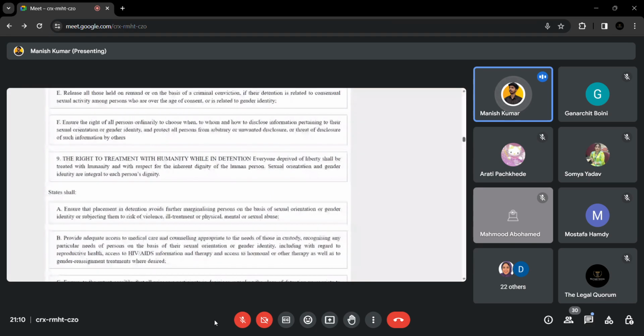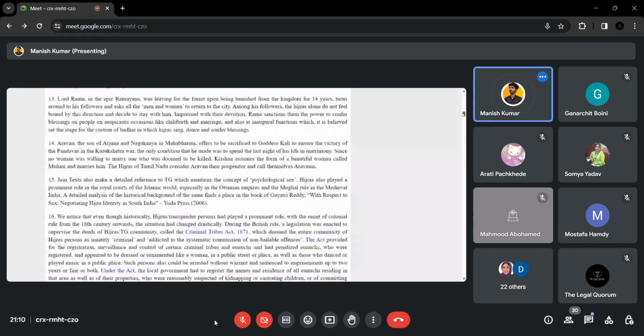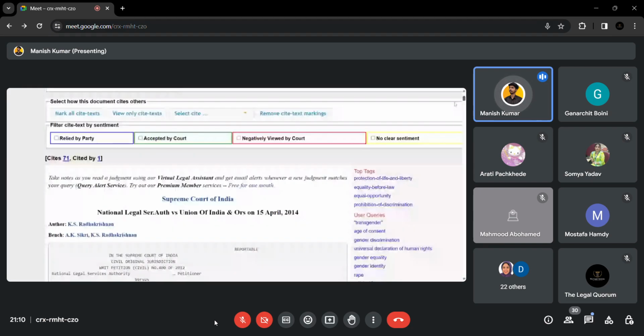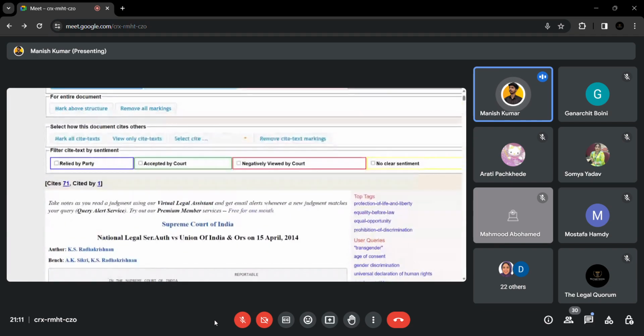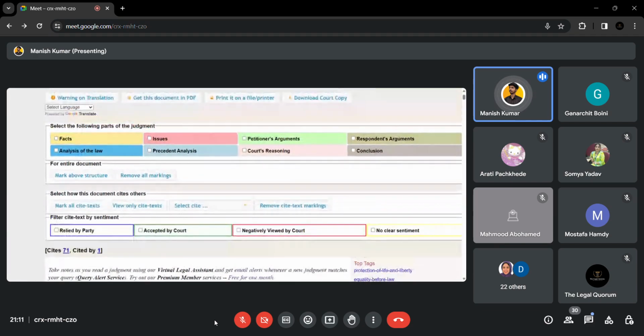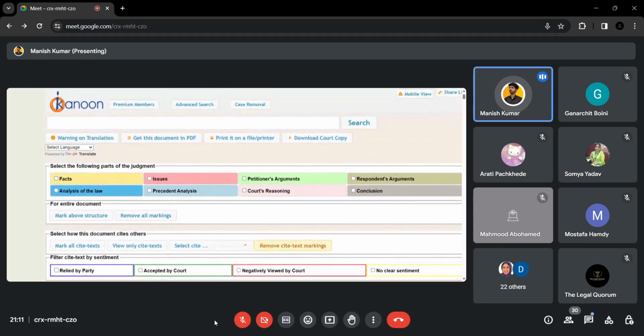Okay, so I hope you had a little idea about how to read judgments. Also, since it has been recently introduced in the Indian Kanoon website, you can directly filter out facts, issues, petitioner arguments, respondent arguments, analysis of the law, precedent analysis, court's reasoning, and the conclusion.